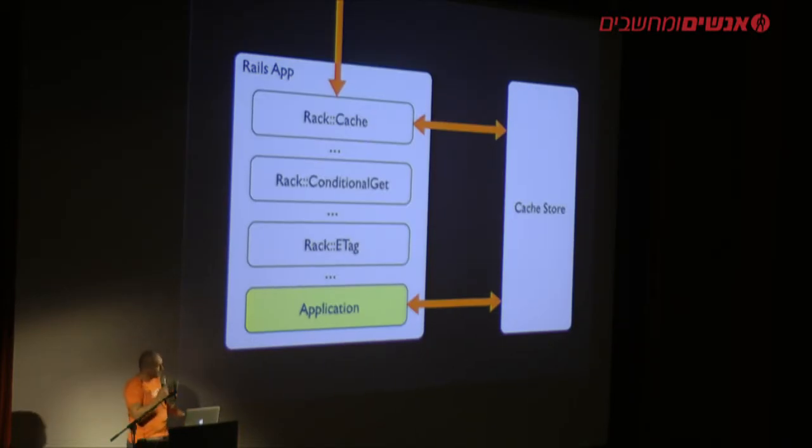A Rails application is of course a Rack application, so we have a Rack stack, and there are a couple of components relevant for caching in it. Those are Rack::Cache, Rack::ConditionalGet, Rack::ETag, and the application itself. A Rails application can also have access to a cache store of some kind. We will talk about it in a moment.